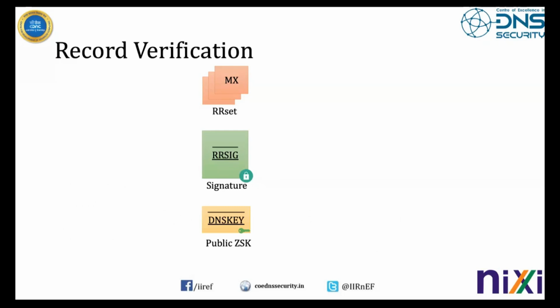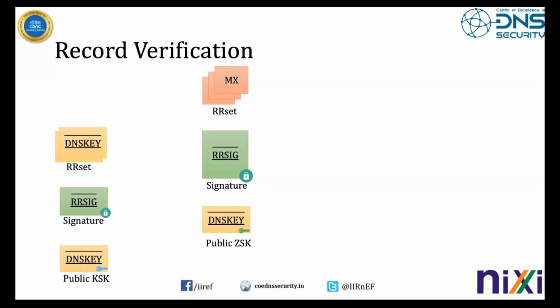So we need to first verify the zone signing key. So for that, we need the DNS key set. Then we need the signature on that DNS key. And we also need the public key signing key. These three things. So if these three things are there, then the public ZSK will be verified. So these three things will basically verify whether my zone signing key is valid or not.